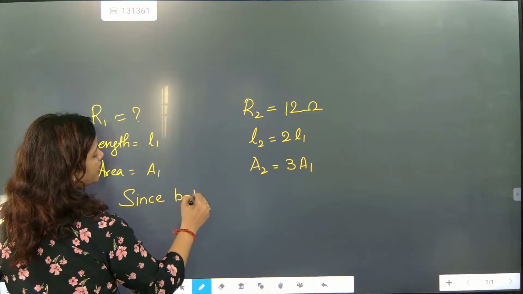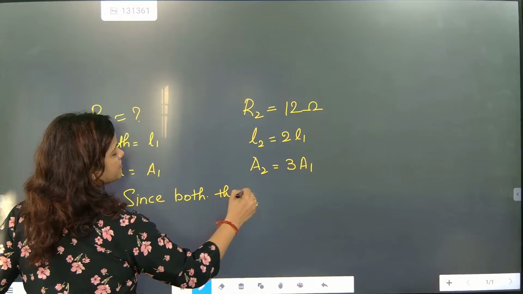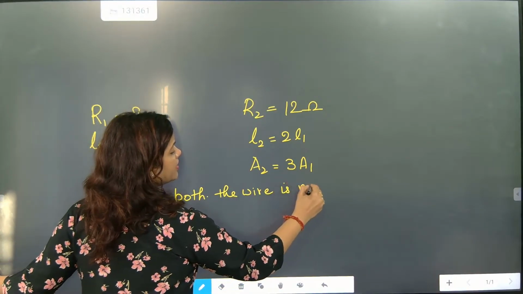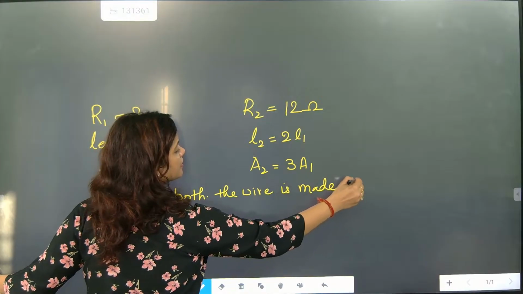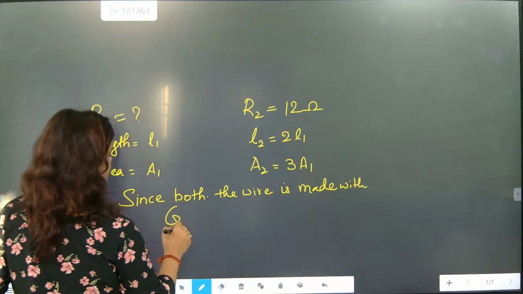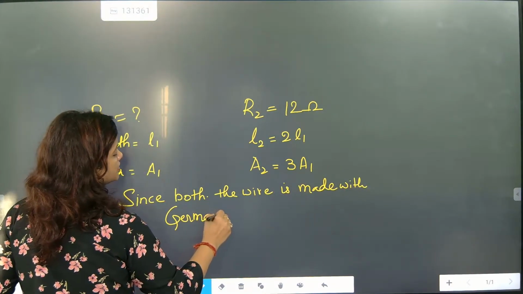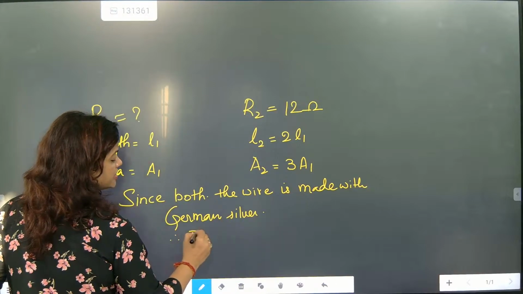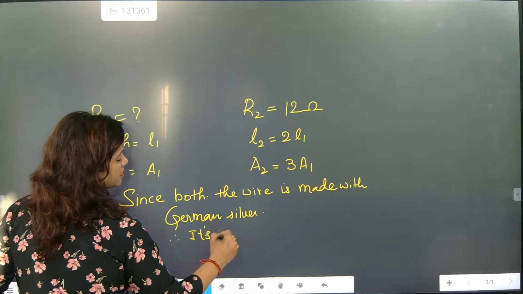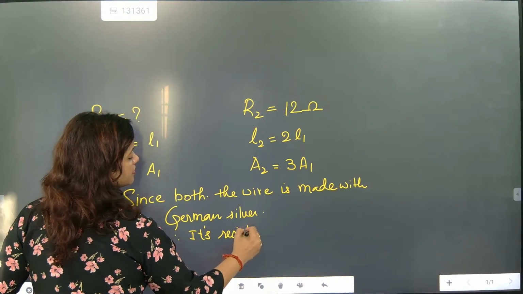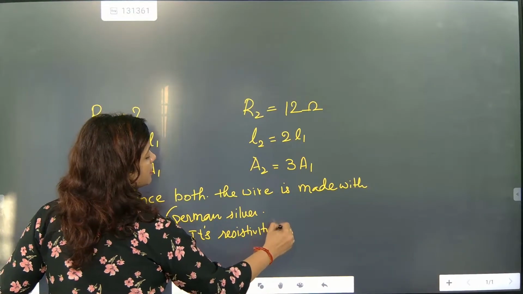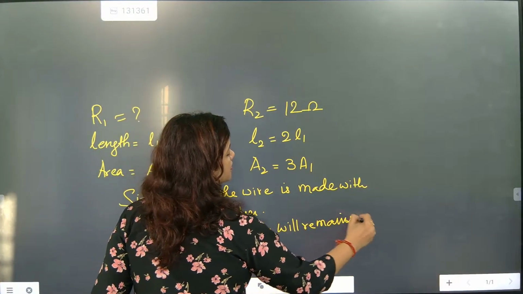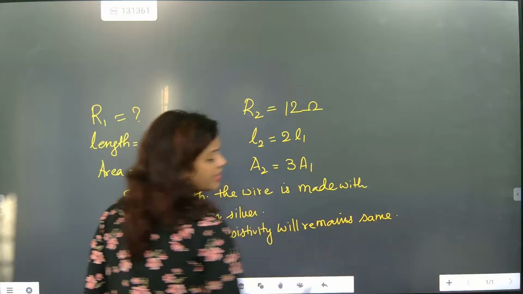Since both the wires are made with German silver, therefore its resistivity will remain the same.